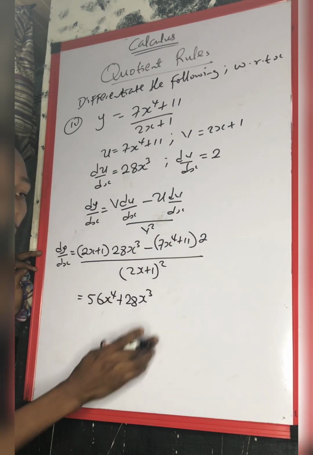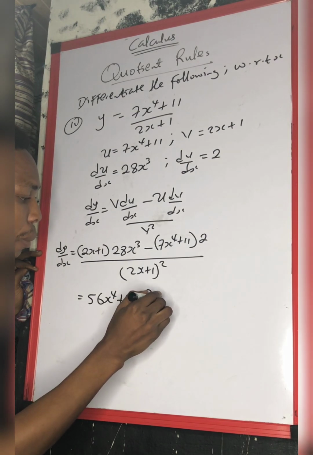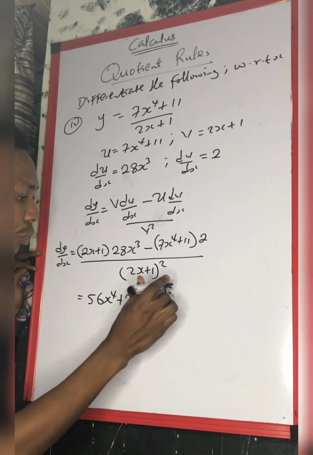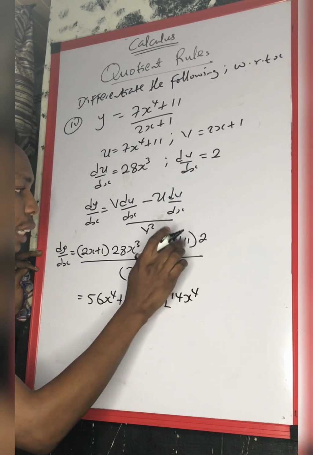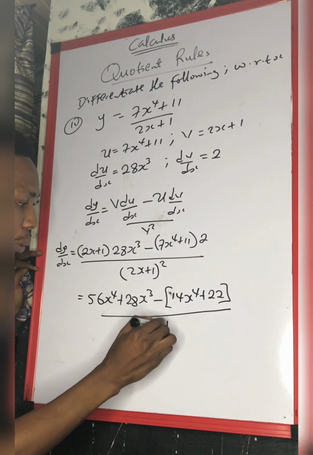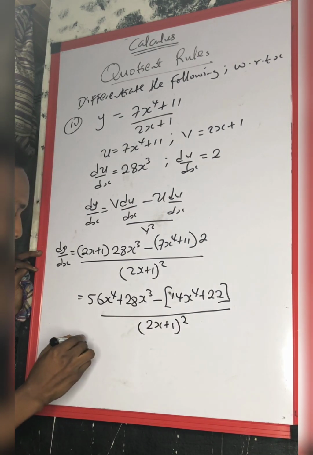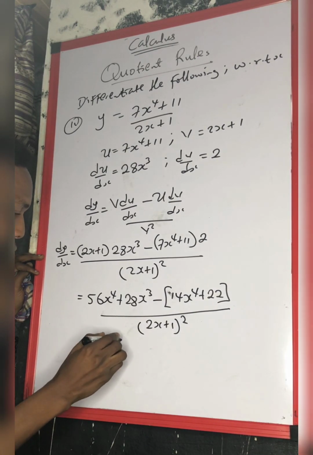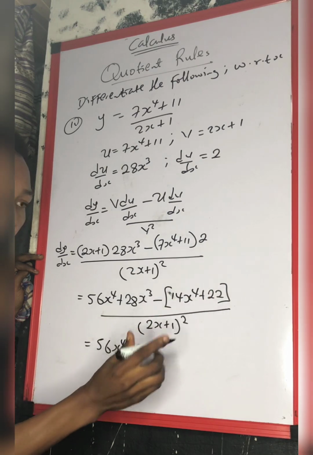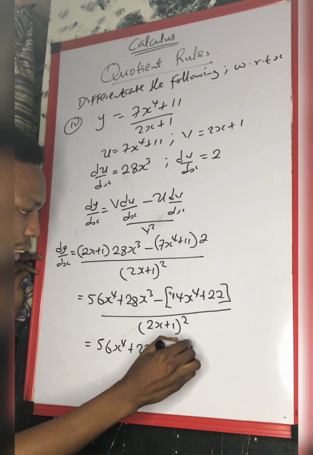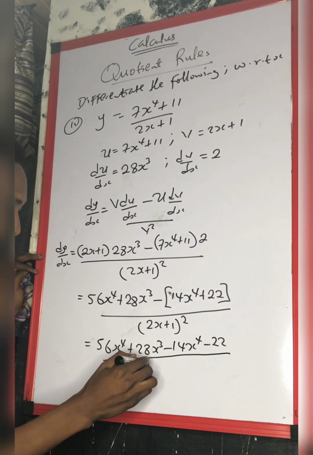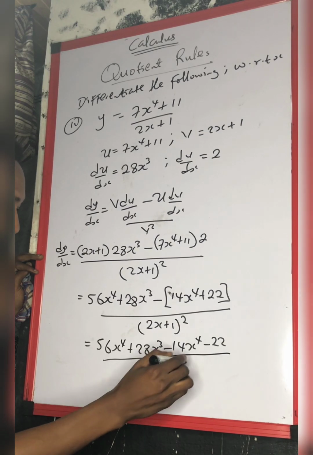So I will do this to open up this. Minus bracket 2 times 7x^4 is 14x^4, and 2 times 11 is 22, then all over the denominator (2x + 1) squared. So this is 56x^4 plus 28x cubed, and using minus to open up, we have minus 14x^4 minus 22, all over (2x + 1) squared.